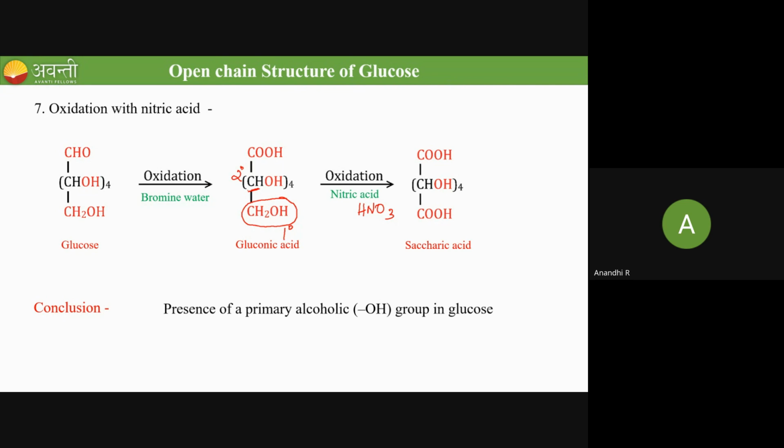Oxidation with a mild oxidizing agent. The fifth reaction is the reaction with acetic anhydride, which leads to the formation of pentaacetate. And the sixth reaction is oxidation with nitric acid. All the 6 reactions are very important and you have to study the conclusions that we are getting from each reaction. Do you have any doubts in the chemical properties of glucose so far?